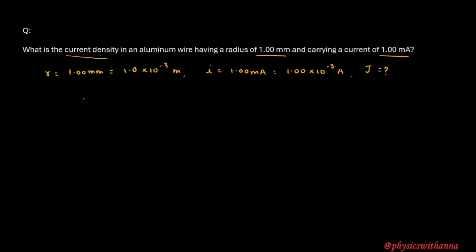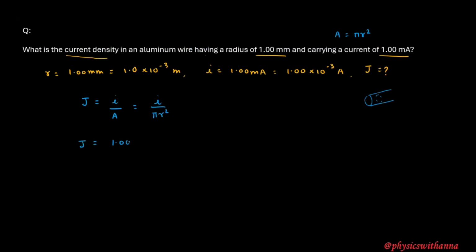So we apply the rule J is equal to I over A. Since a wire is in the form of a cylinder, its cross-sectional area is a circle, and area of a circle is pi r squared. So we write this as I over pi r squared. Now let's substitute.